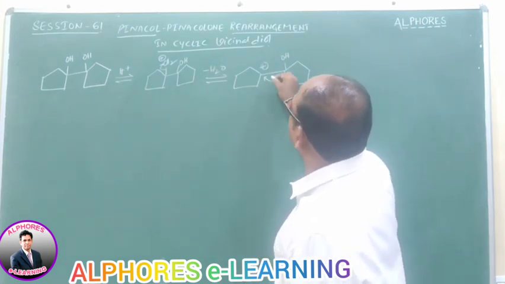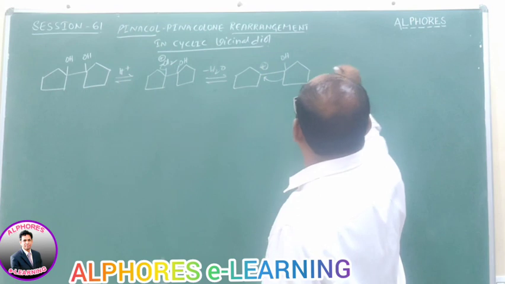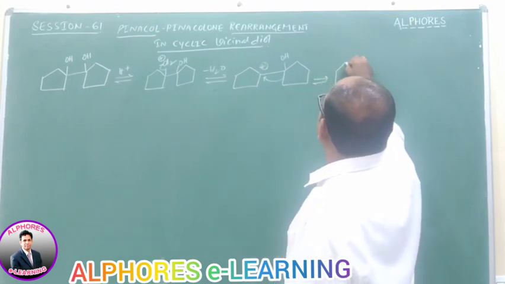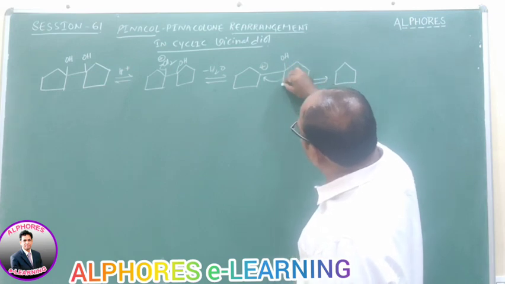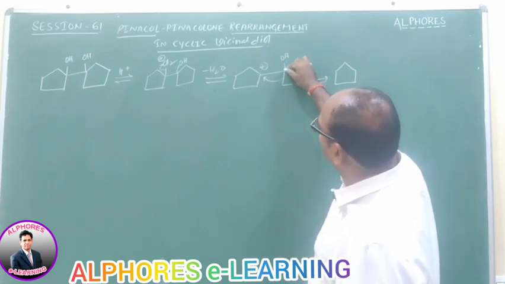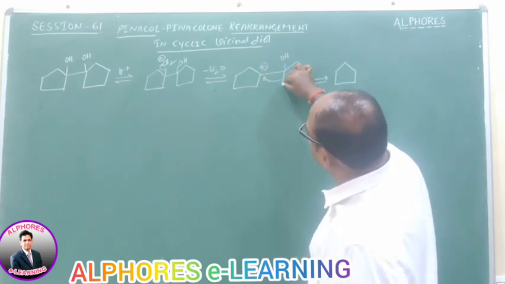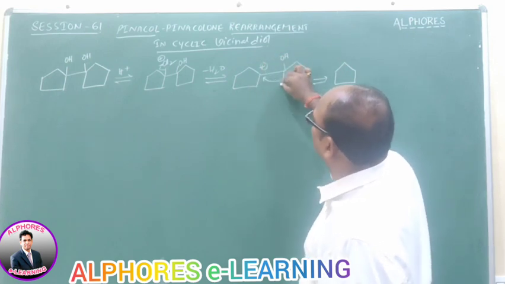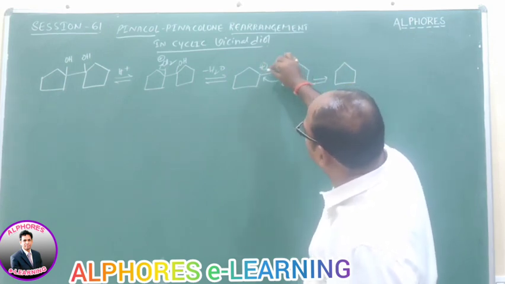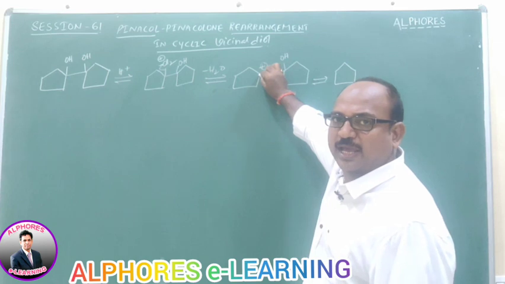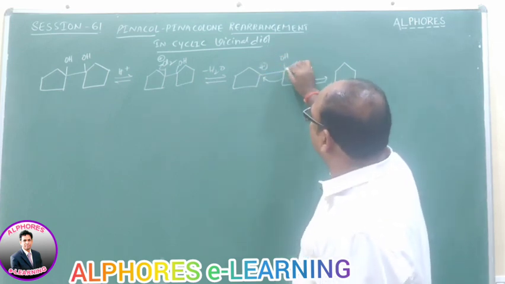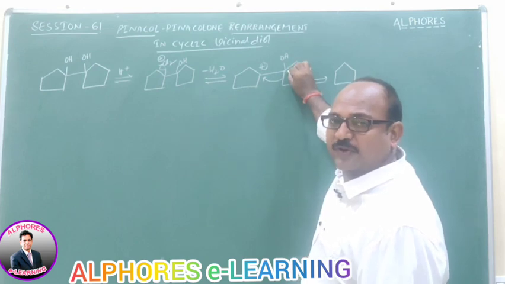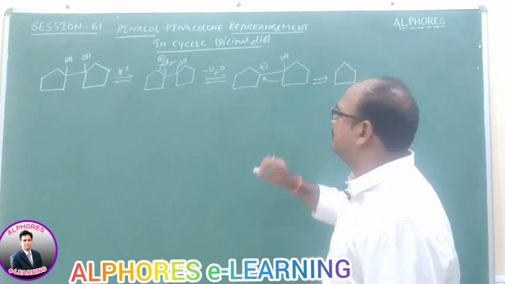That means what happened here? This 5-member ring as such. Now the bond between these two carbon atoms is going to break, and between these two carbon atoms bond formation takes place. These electrons go to this carbocation, so this carbon loses its positive charge, and the other carbon, having lost electrons, is going to get the positive charge.